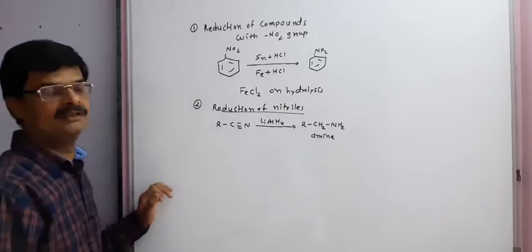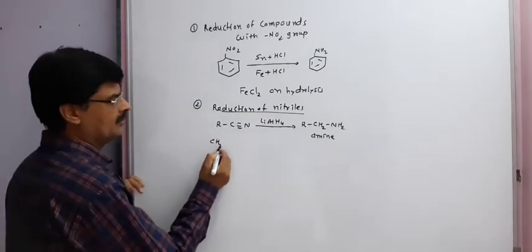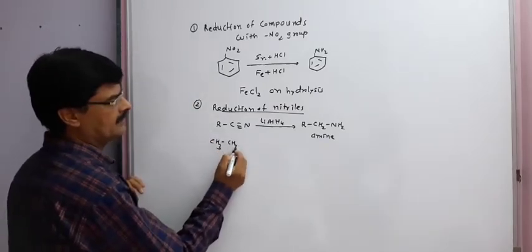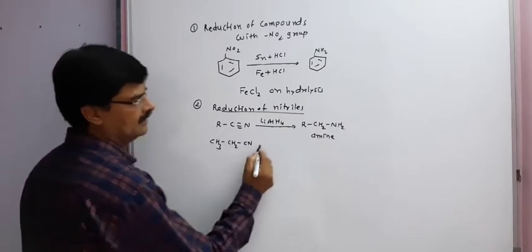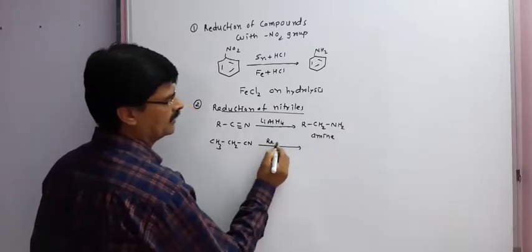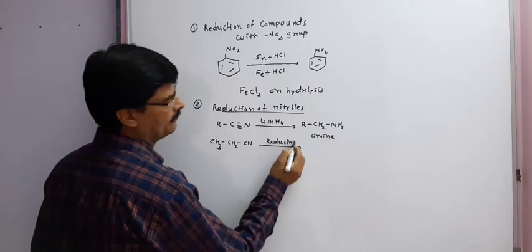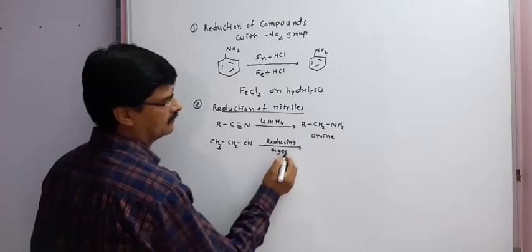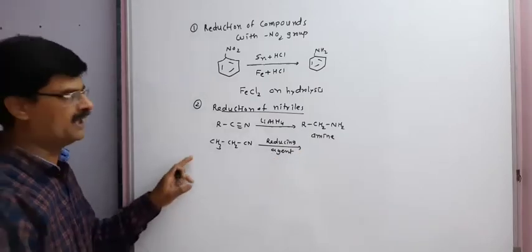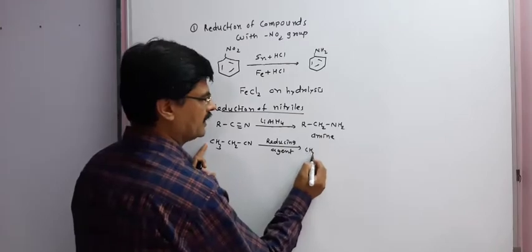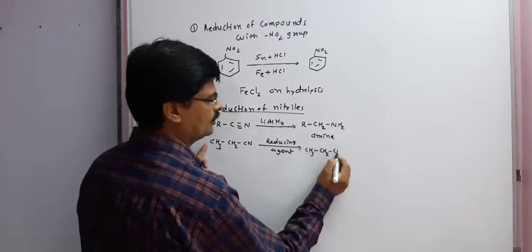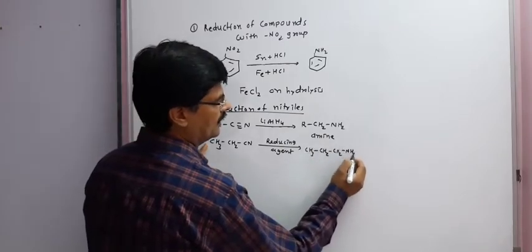Take the example CH3CH2CN; in presence of a reducing agent, the product obtained is CH3CH2CH2NH2.